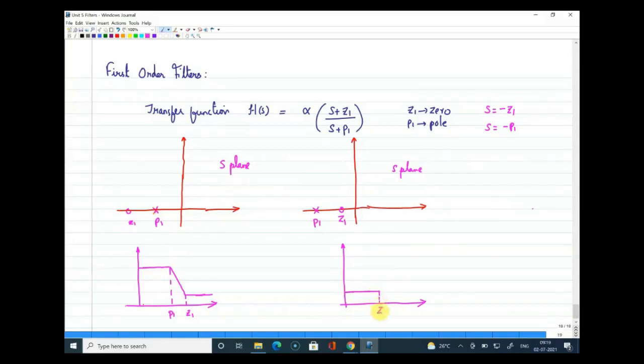So when you encounter a 0, your gain will start increasing at a rate of 20 dB per decade, and next you are encountering a pole, and at that time the slope will be equal to 0. So when you have a single pole and a single 0, the response you can expect is that of a low pass filter here, and we call this a first order low pass filter. And on the right side, what you can expect is a first order high pass filter.